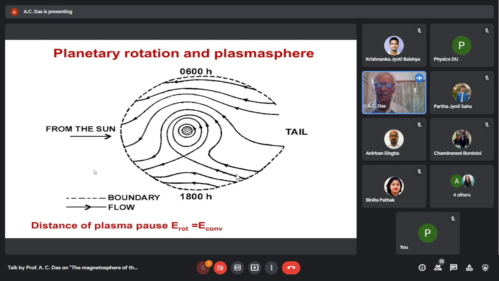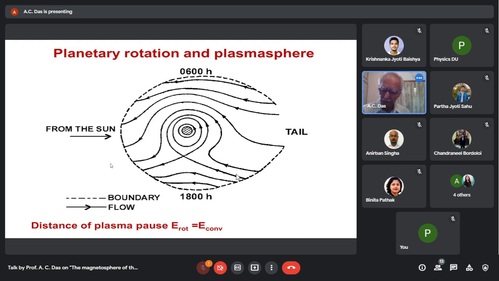If you can trace it, then from there you can determine the density, and it is shown that density is not continuous at this particular boundary. There is a drop in the density gradient, and therefore this is the signature of the plasmasphere.